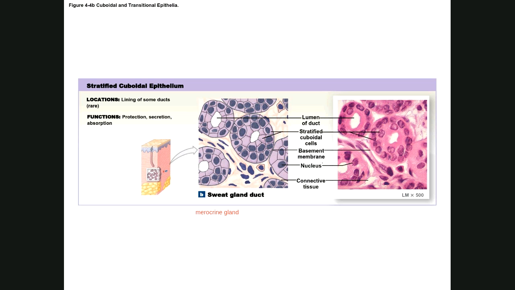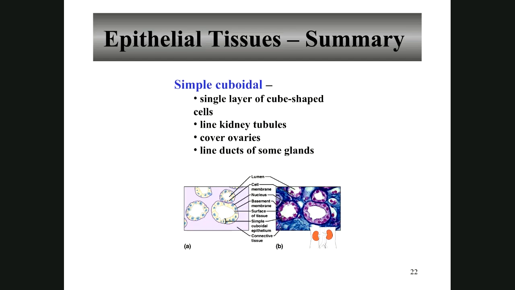We call that apocrine gland. And there are other glands that produce whole cells that die. That's known as holocrine. We're going to come back to different kinds of glands in a little bit. But a good example of a sweat gland is liquid, and liquid is merocrine gland. Okay. Let's show off the epithelium, and then we'll take a break.